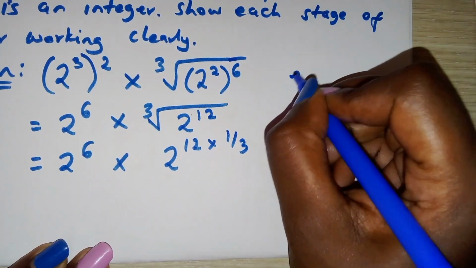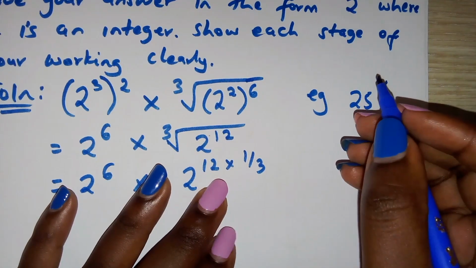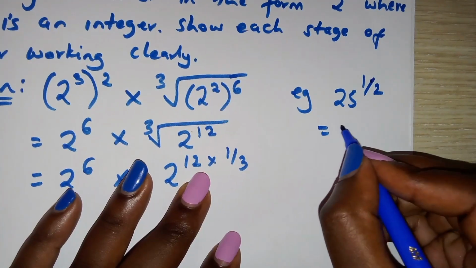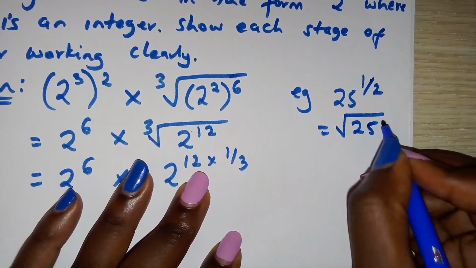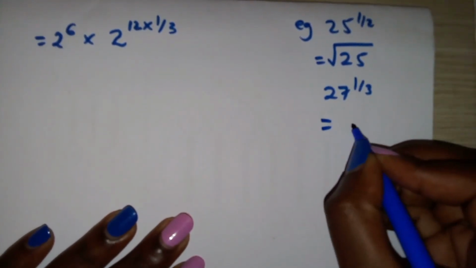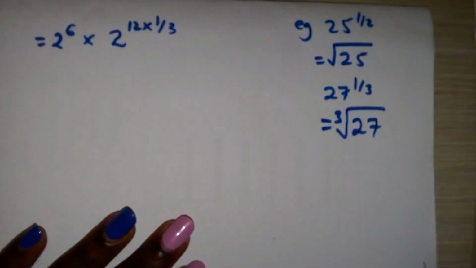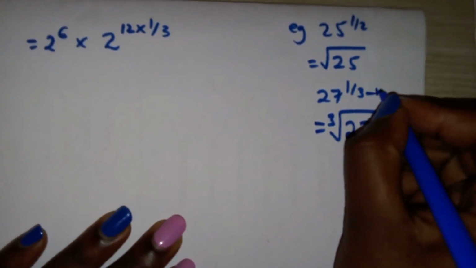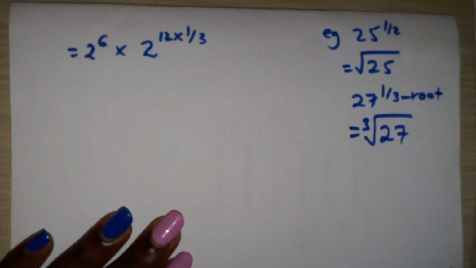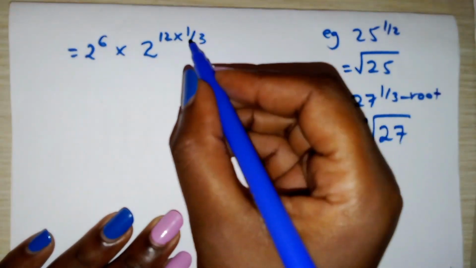Let me give an example over here. 25 power 1 out of 2 is the same as the square root of 25. 27 power a third can be written as the cube root of 27. So the point is, the denominator is the root. So that's why we are saying this one is a third.